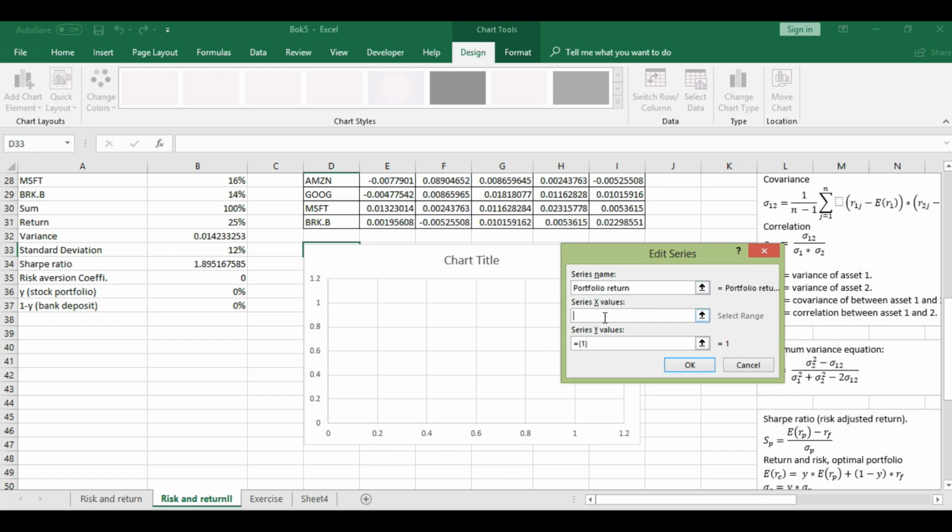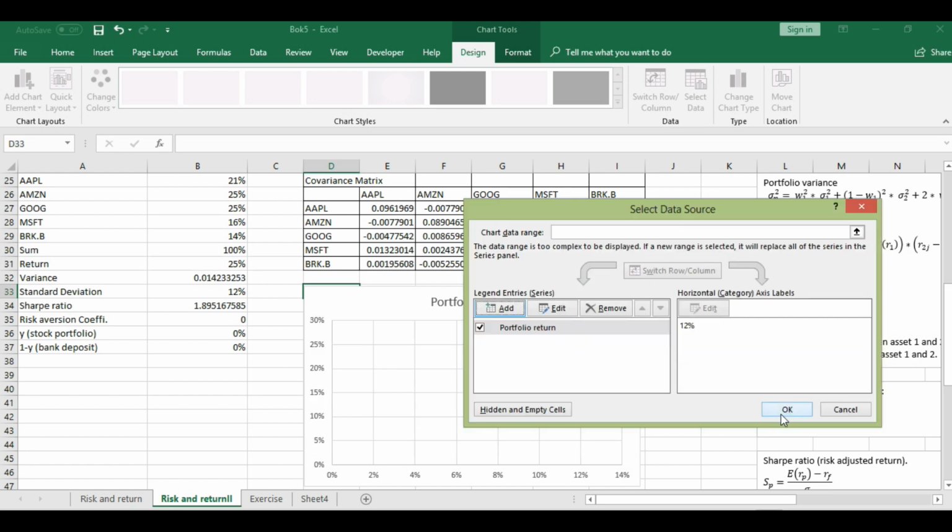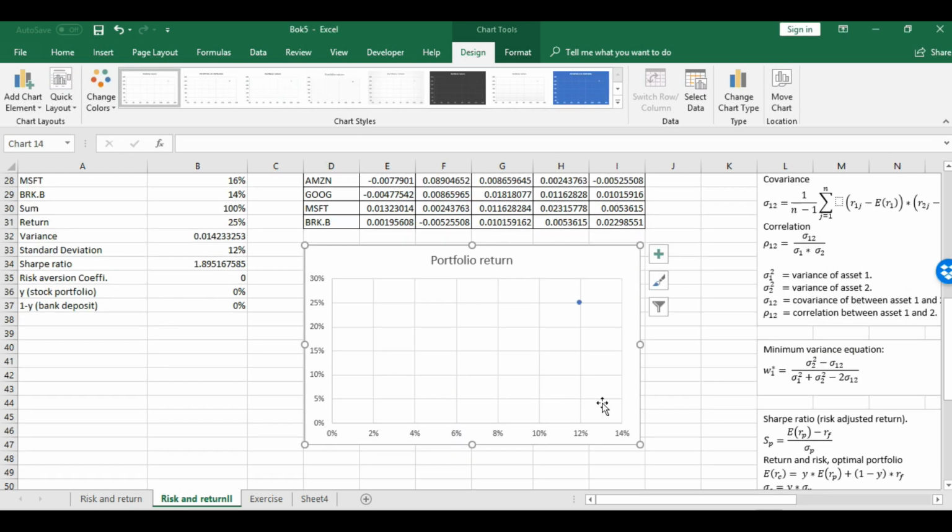The X value can be the standard deviation of the portfolio. The Y value can be the return of the portfolio. Okay, there.